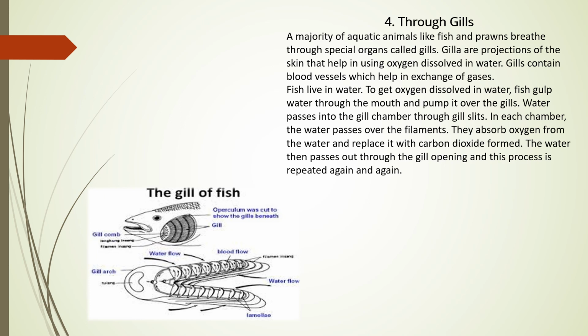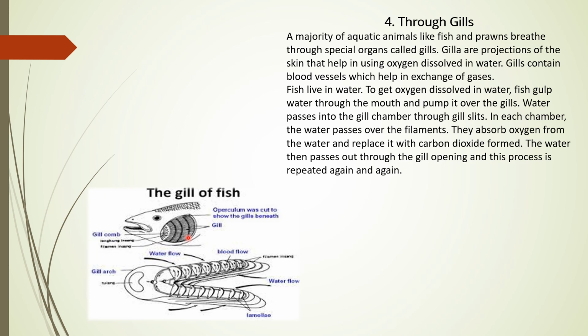One of the respiratory surfaces by which organisms respire is respiration through the gills. Respiration through the gills means we are talking about aquatic animals. So the majority of aquatic animals like fishes and prawns breathe through a special organ that we call the gills. These gills are projections over the skin. If you see the fish, over the skin they have these slit structures that we call gills, and these gills help in using dissolved oxygen.